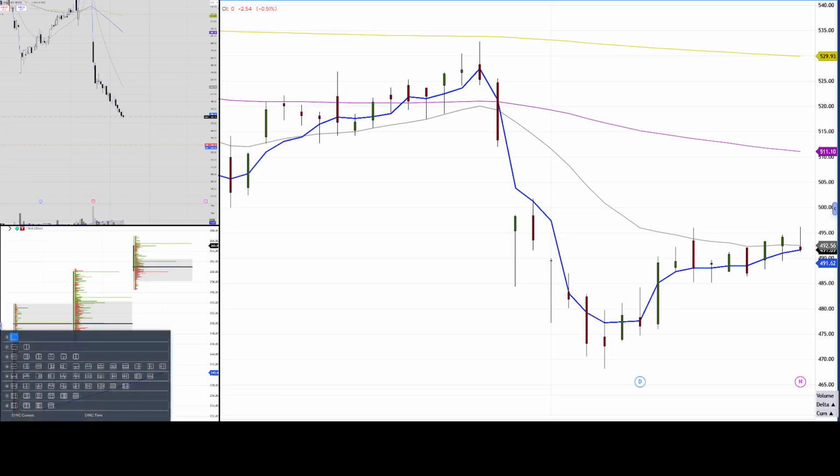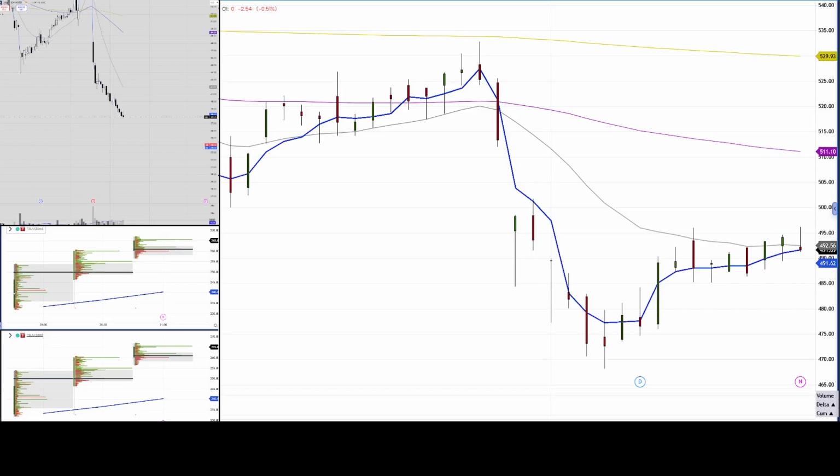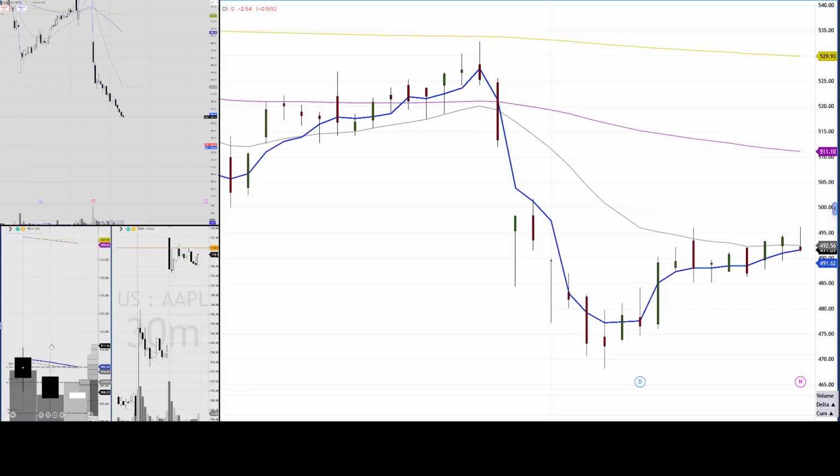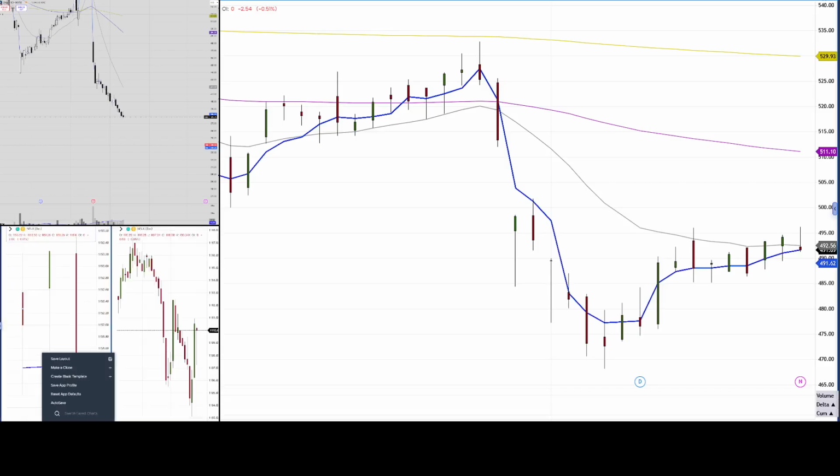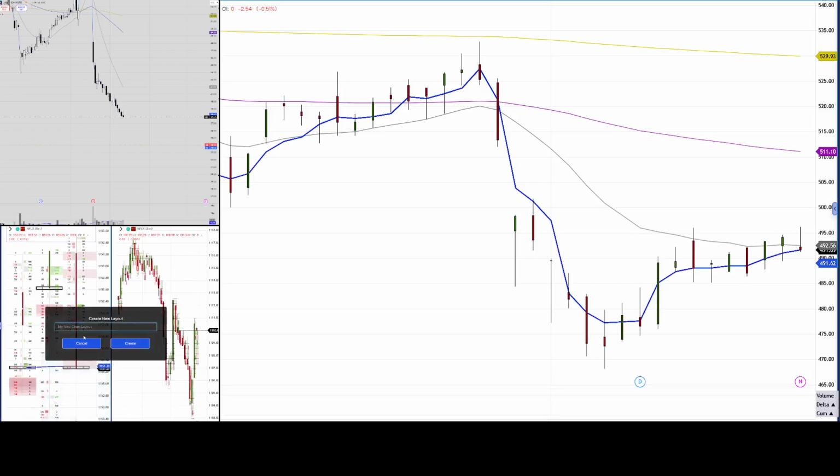I mean, this might suggest a huge rally or a huge fall, it might suggest anything. On this chart, we are going to be watching Tesla. Which layout is this? This is the candlestick chart. Let's save a different bid ask. Let's create a blank template.